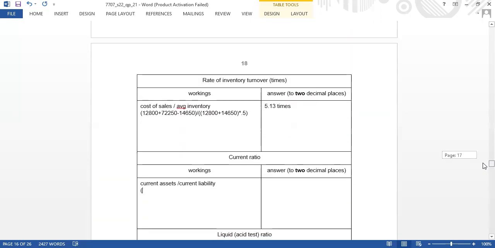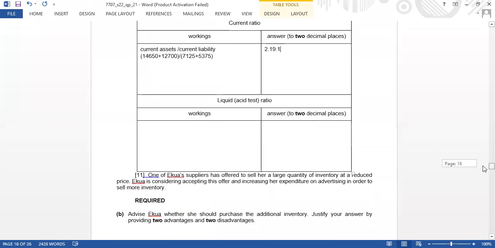So current assets are 14650 closing inventory plus 12700 trade receivables, divided by 7125 trade payables plus 5375 overdraft. That will give us 2.19 ratio 1. You have to write the answer as a ratio.